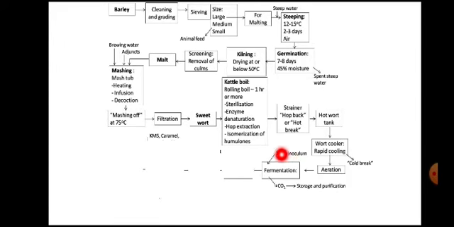The pitching process involves inoculation with yeast and fermentation proceeds with the result of fermentation of sugar to ethanol, and CO2 is generated. Whatever the CO2 is generated, it is collected, it is stored and it is purified for further sparging process.